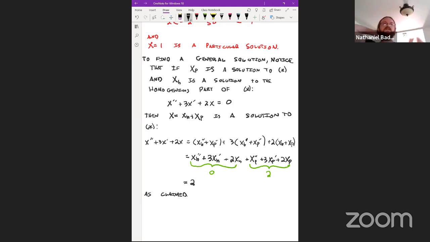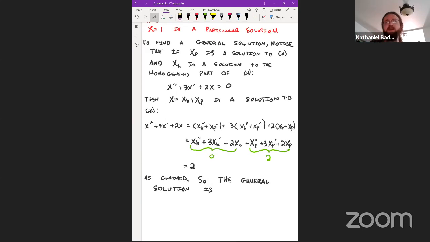Of course I did it for a single homogeneous solution, but if we have a whole family of homogeneous solutions, then it still holds just fine. And what this means is that the general solution is just given by, exactly as Sai says, the family of homogeneous solutions plus the particular solution.